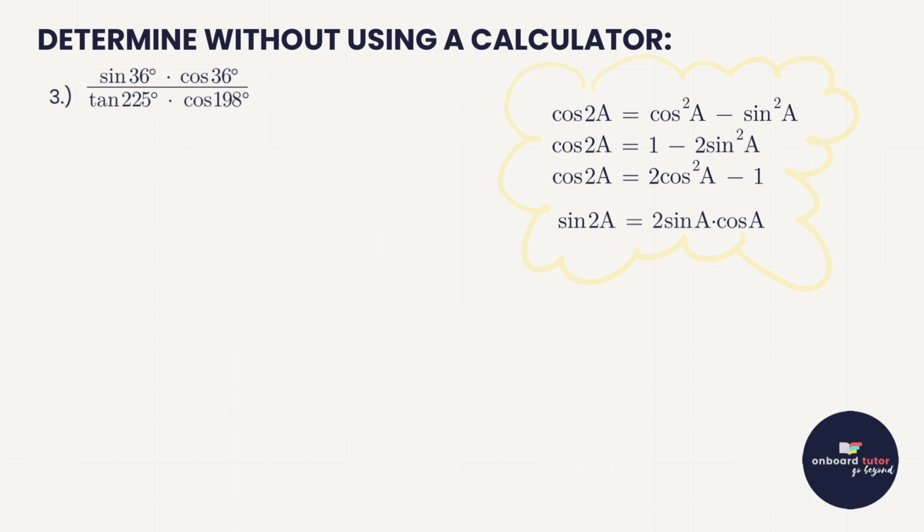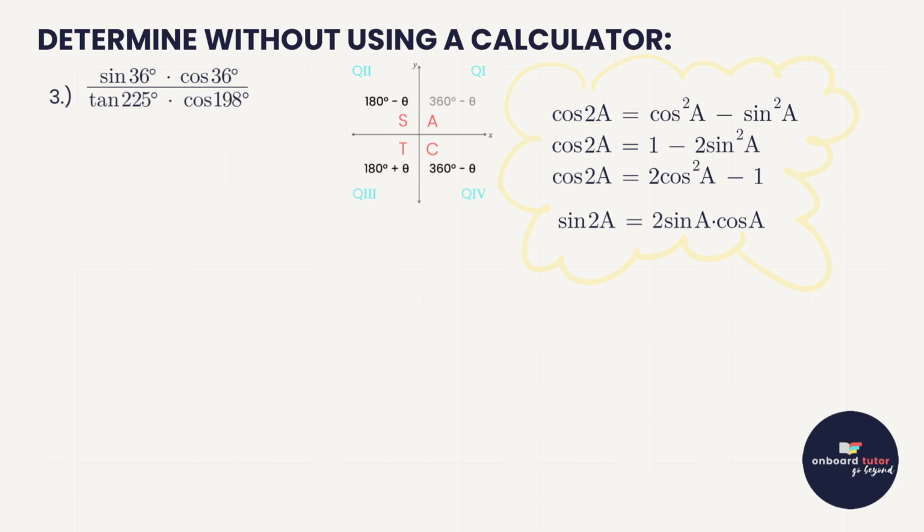So here we are given sine of 36 multiplied by cos of 36, and then that's over tan 225 times cos 198. So before we can get to anything here to do with double angles, we're going to have to do some reductions. So there's the CAST diagram, which is something that's not given to us. We need to know it. And that's going to be used here in the denominator.